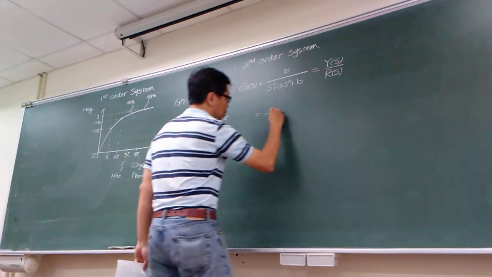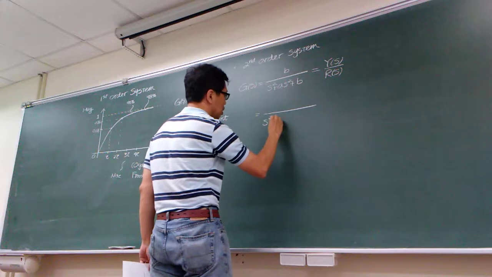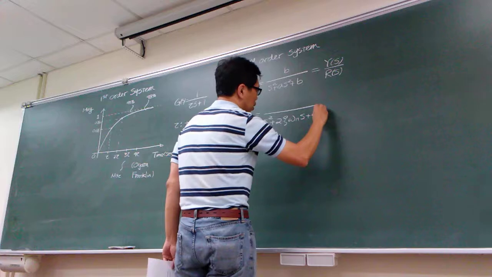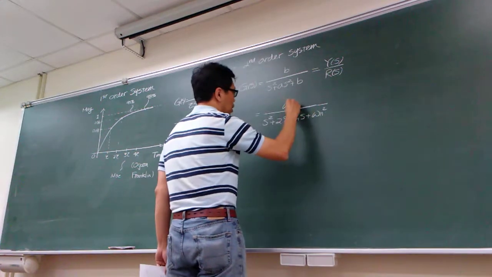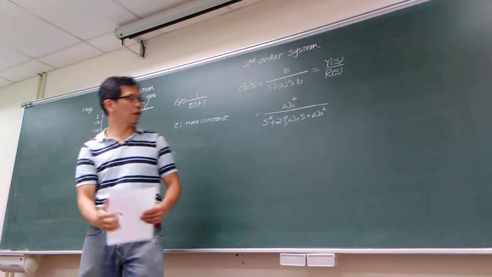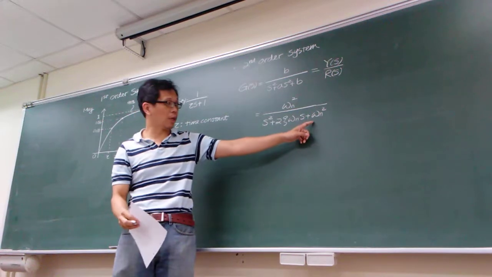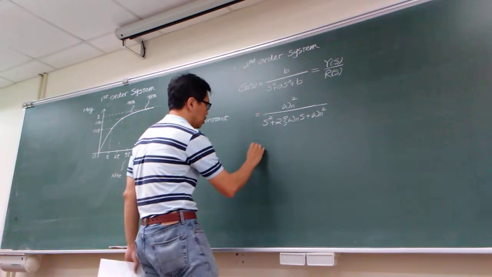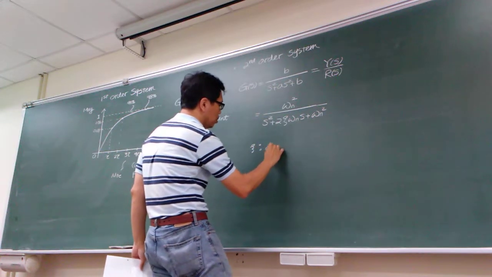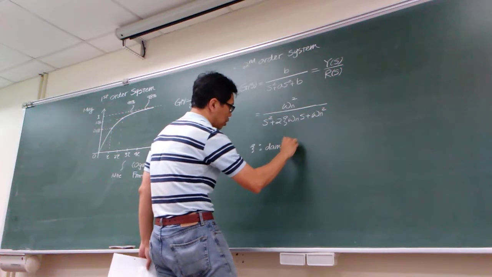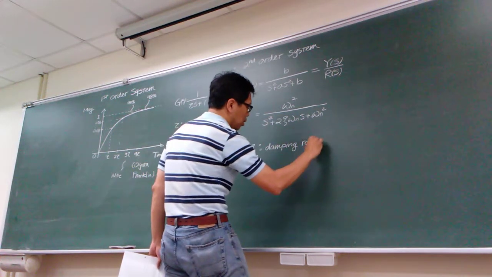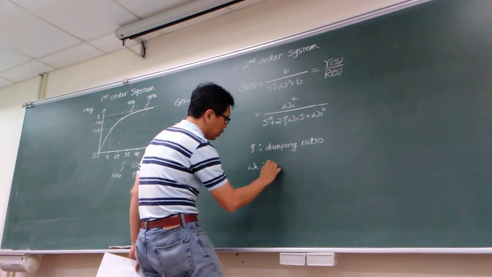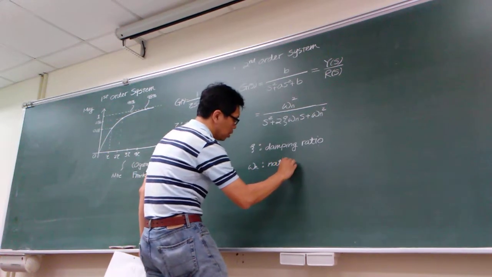They are going to be represented as, okay, this is omega, not W. This is omega, and this is zeta. So when we have zeta, this is my damping ratio. We have omega n, that is going to be my natural frequency.